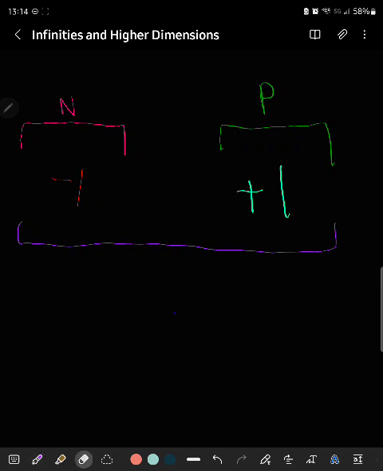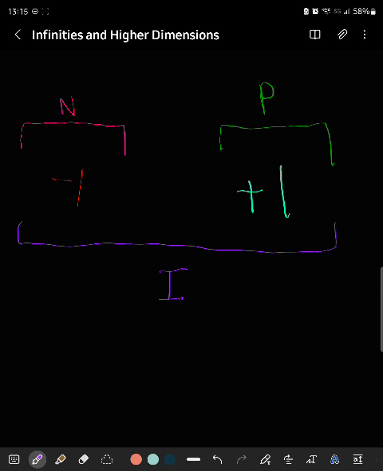We'll call this infinity I. Of course, all the positive whole numbers and all the negative whole numbers are their own infinities, right?